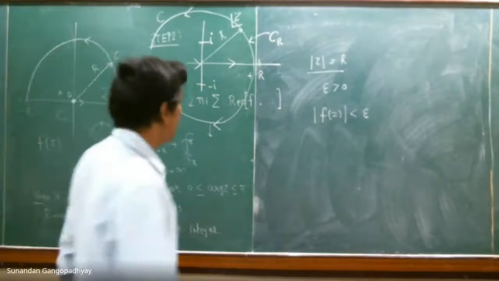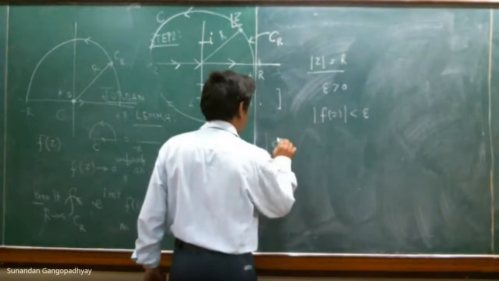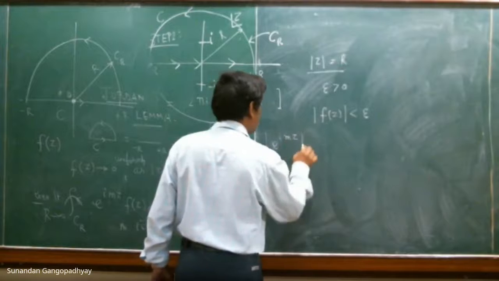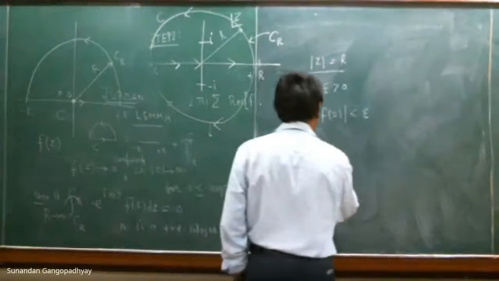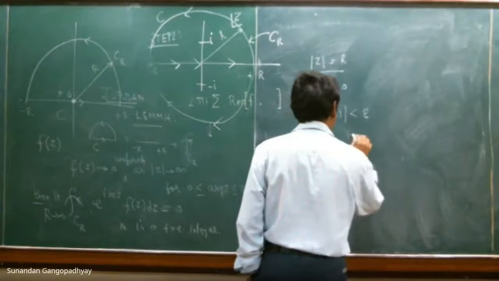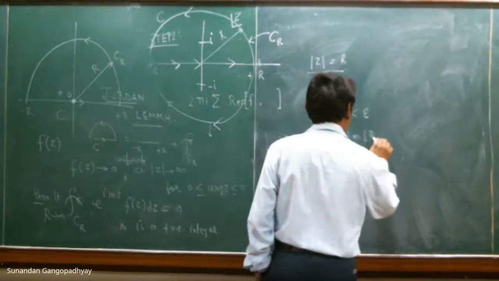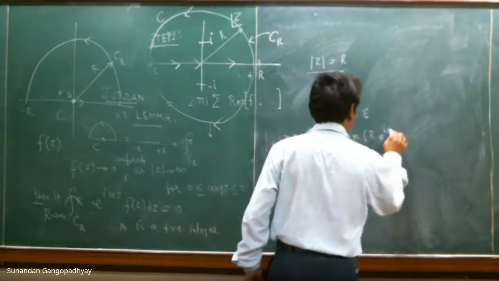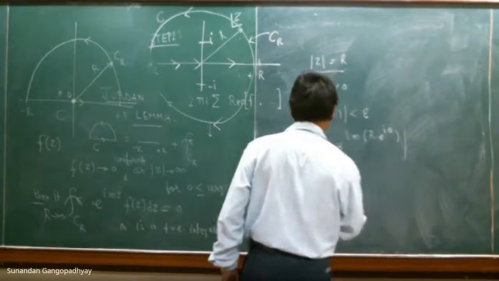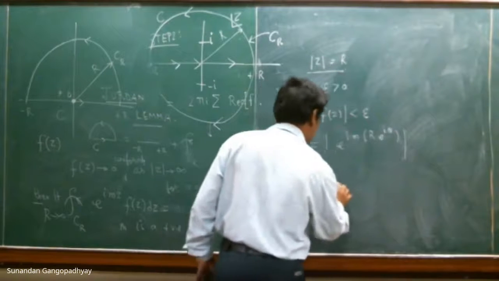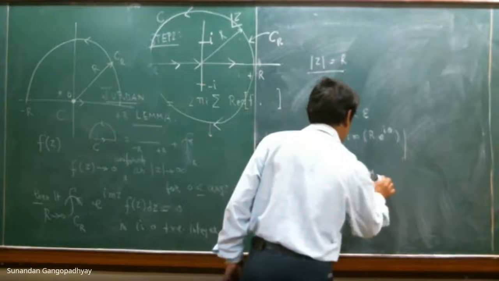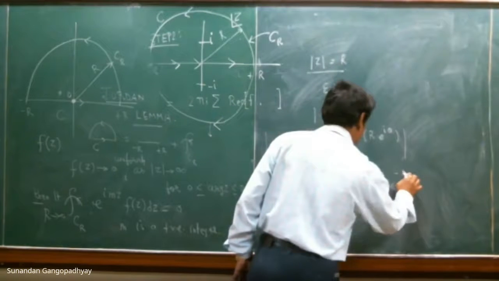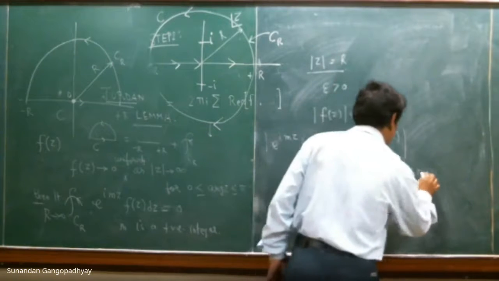Now let us see what happens to the modulus of e to the power of i m z. You can write this as the modulus of e to the power of i m R e to the power of i theta. This is e to the power of i m R cosine theta times e to the power of minus m R sine theta.